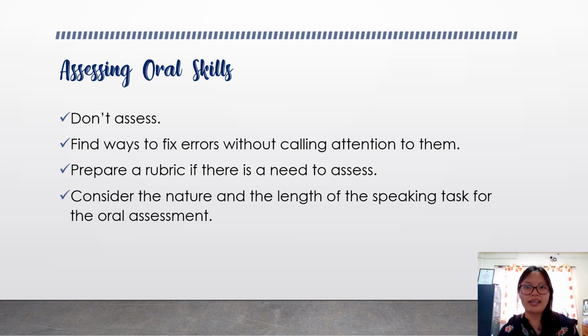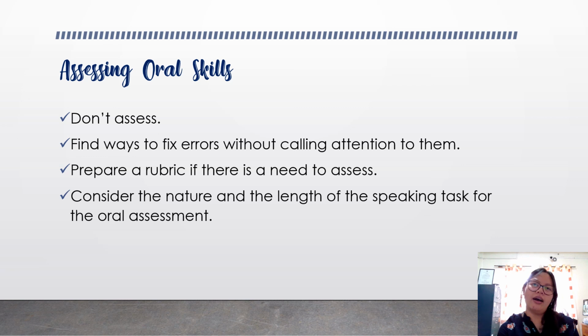That's not very wise. Although you have a good rubric, you will be so focused on finishing your rubric that you cannot focus on the task that your students are giving you. So if the speaking is just very short, your rubric should just be very simple, so that you can finish it right away, take time to focus on the task, and then after you finish listening to the task or viewing the task, you can grade.